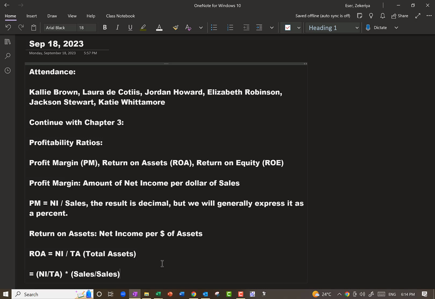Then I'm going to rearrange. It's going to be net income divided by sales times sales divided by total assets. What's that expression in the first parentheses? Net income over sales.